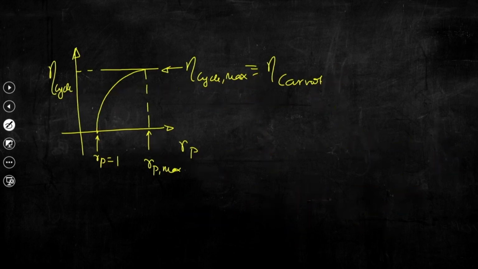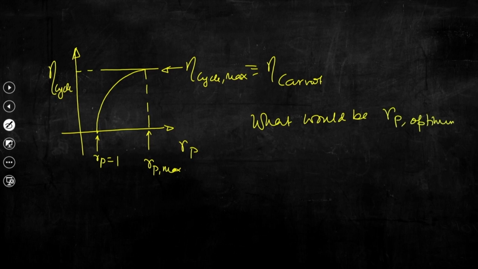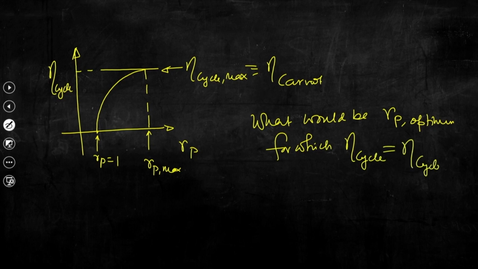So, now the next objective should be, what would be Rp optimum for which the cycle efficiency would be equal to eta cycle maximum. So, the next objective should be to look at the expression of Rp for which cycle efficiency will be maximum. So, let us now work on this particular aspect.